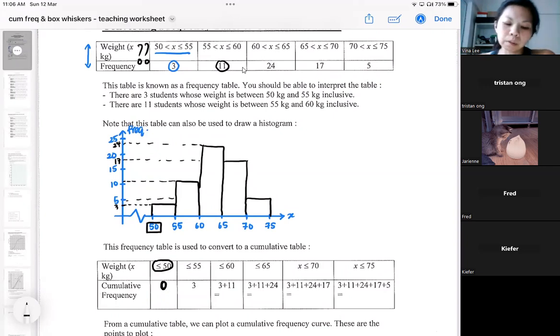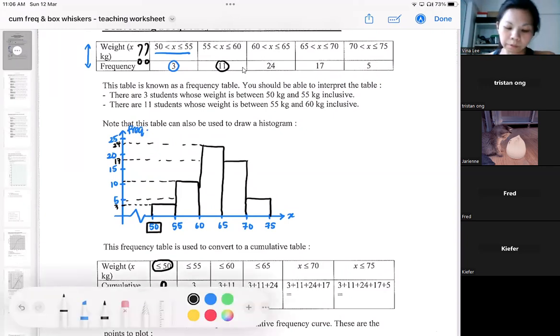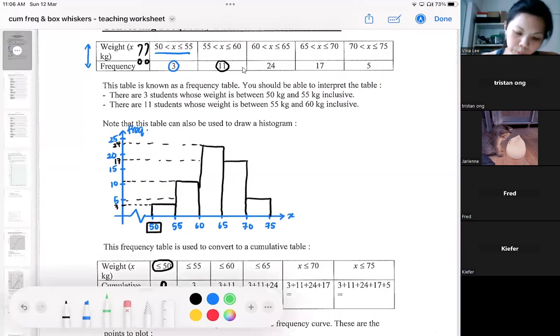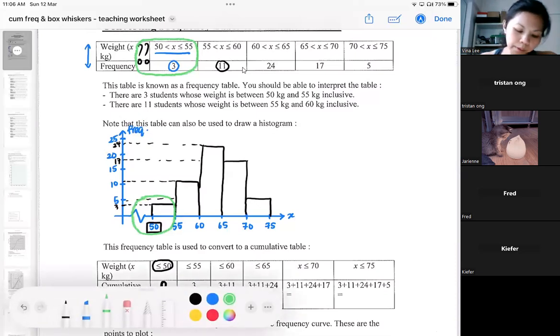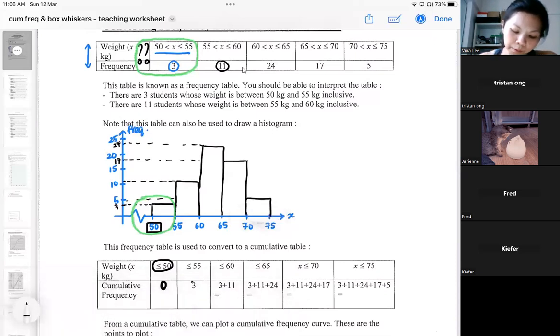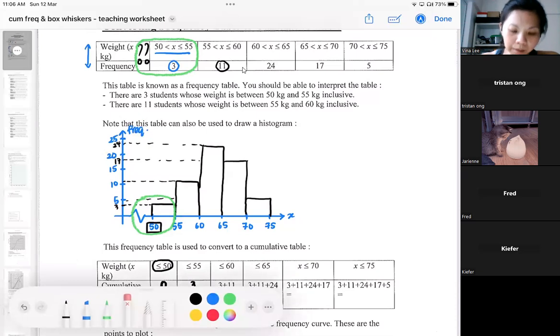Okay, so how many students are less than 55? I know it from here. These are the students that are lesser than 55 kg. That's why we got 3 students that are less than 55 kg. But how many students are less than 60 kg?